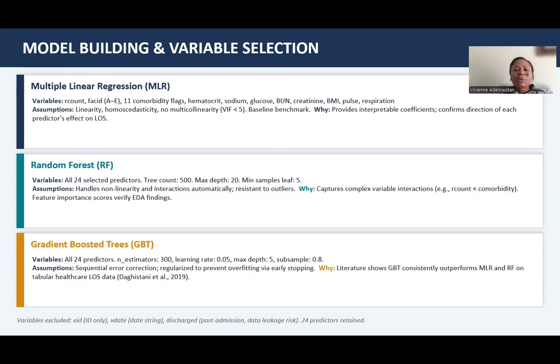The second one is visit date, not useful as it is. And the third one was discharge disposition, which is only known after discharge and will cause data leakage. So the remaining 24 predictors were used across all 3 models for consistent comparison.